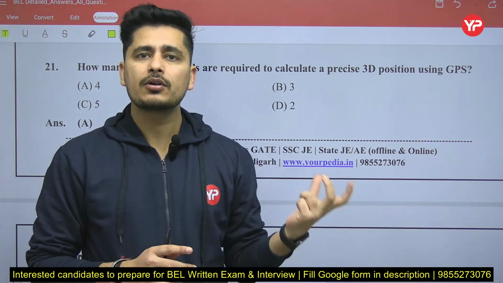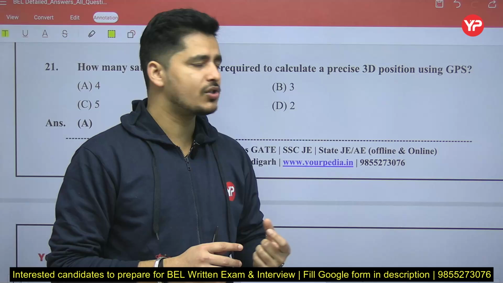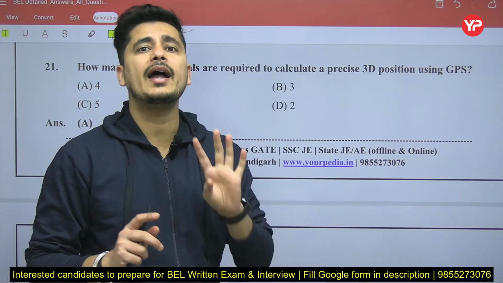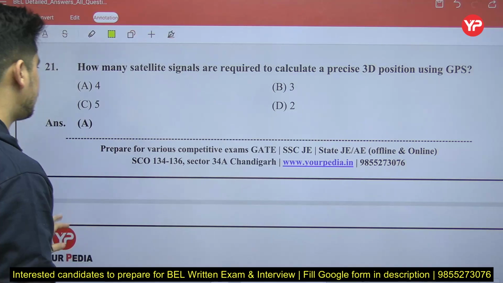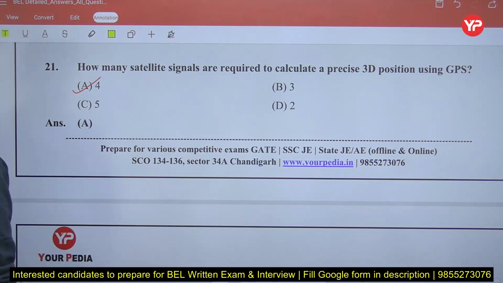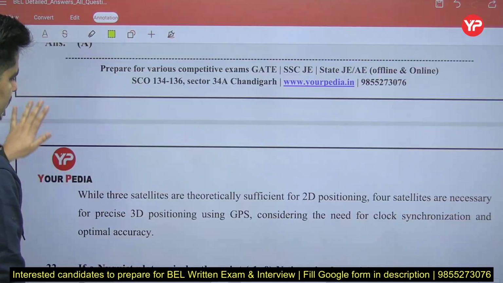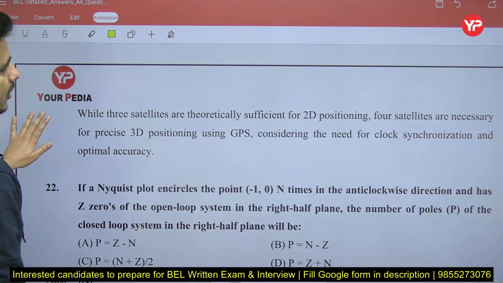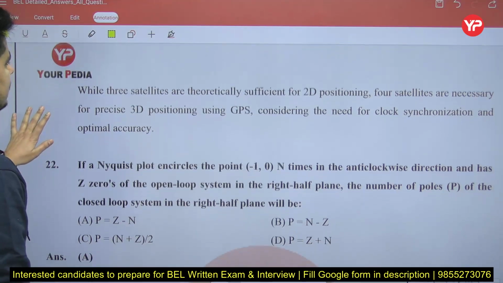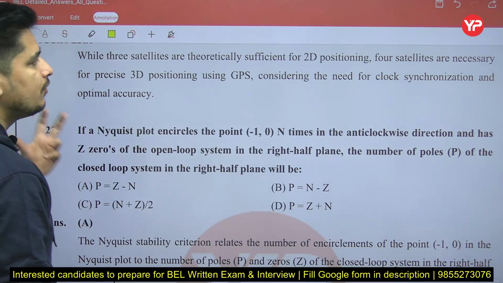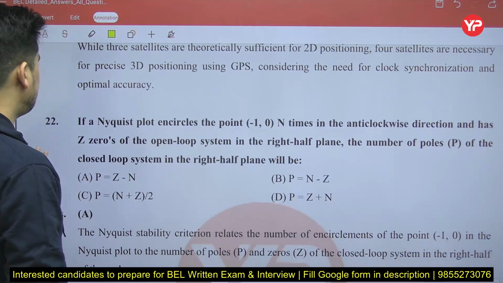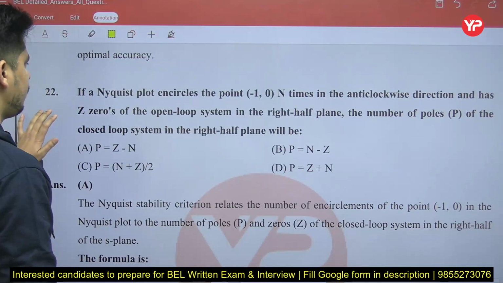But for getting a 3D position of an object, we require at least 4 satellites, 1 satellite for time calculation. So A is the answer. For 2D we require 3 satellites, for 3D positioning we require 4 satellites. 1 satellite is required for clock synchronization.